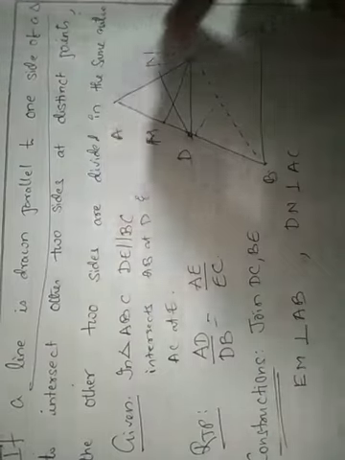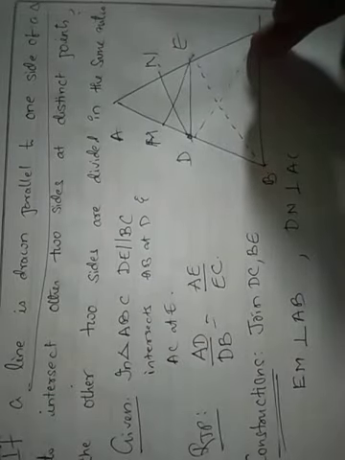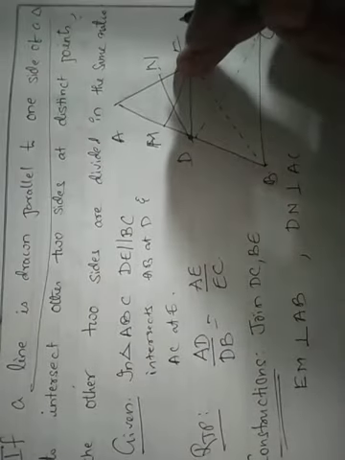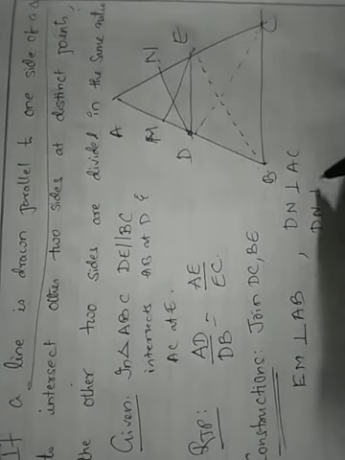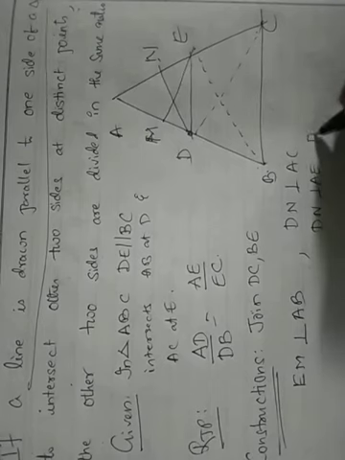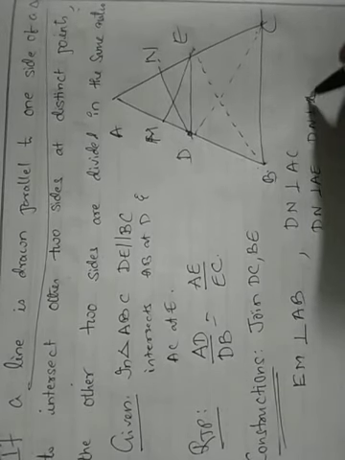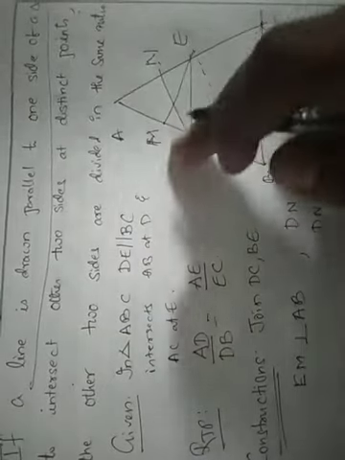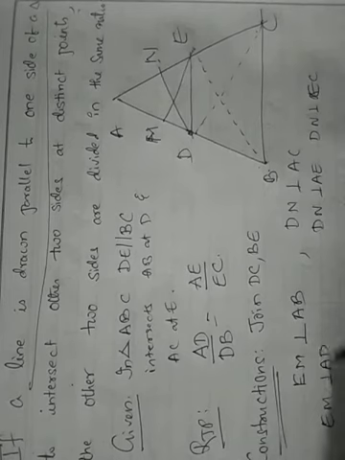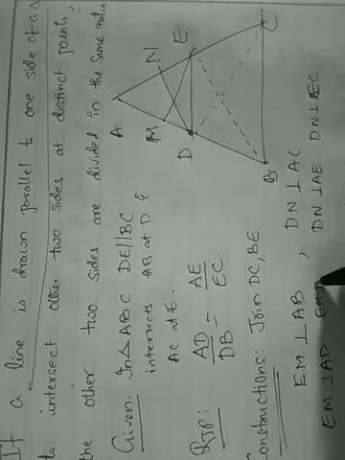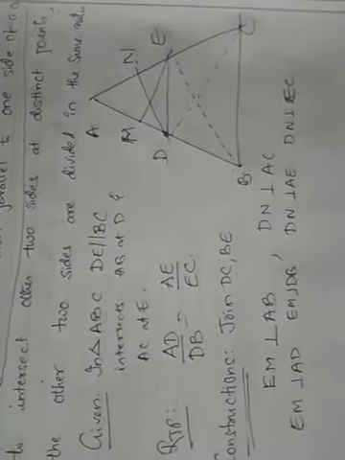When it is perpendicular to the entire side, it is perpendicular to the small sides AE and EC also. So we can write here DN is perpendicular to AE and DN is perpendicular to EC also. Similarly, when EM is perpendicular to AB, it is perpendicular to AD and DB also. So EM is perpendicular to AD also, EM is perpendicular to DB also. So this is what we can write.